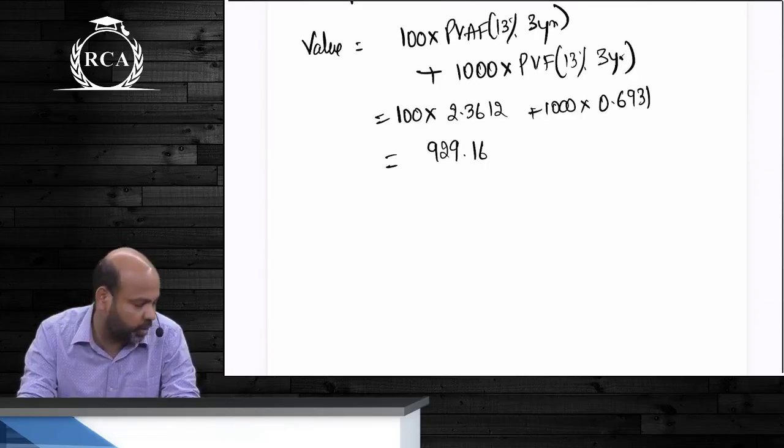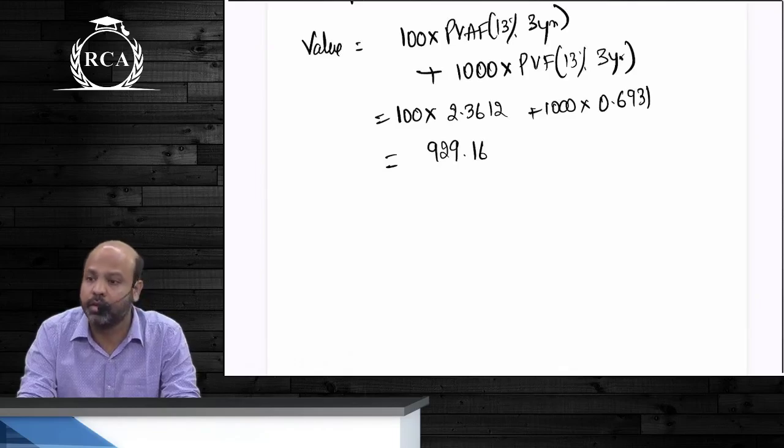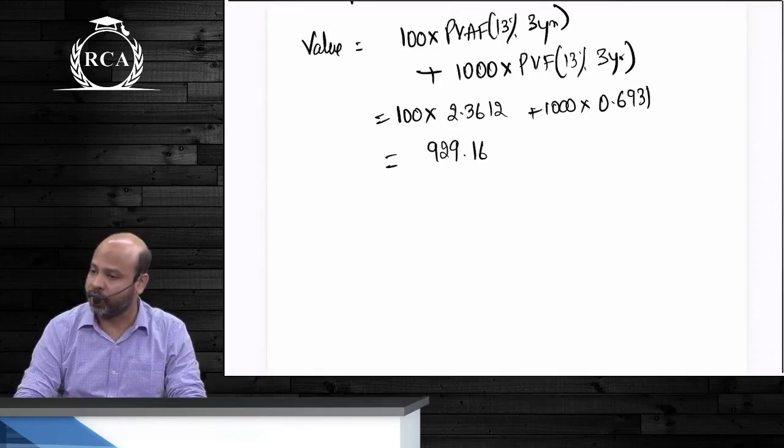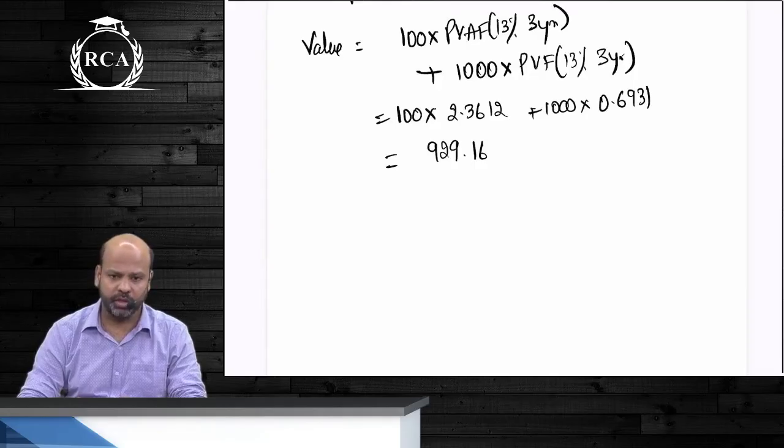A 14% debenture of 500 rupees each is trading at 525 rupees.